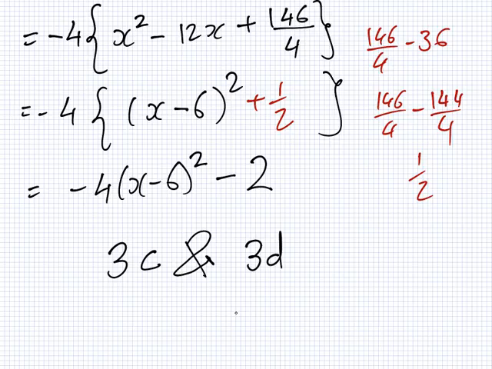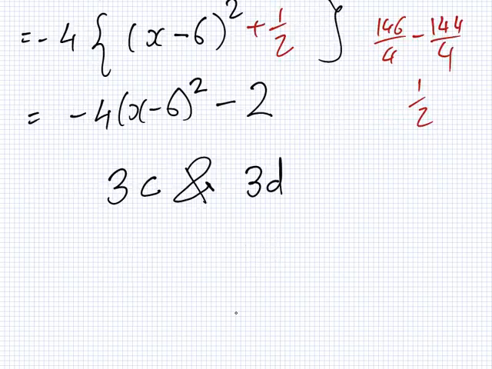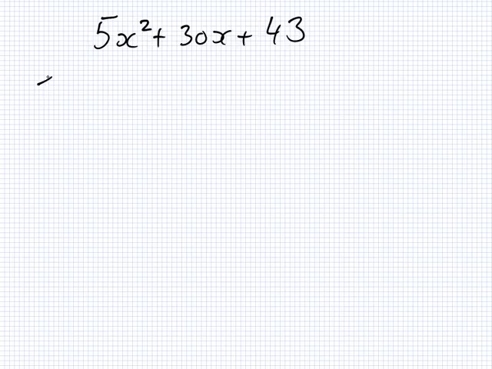Finished? Okay, let's have a look. 5x squared plus 30x plus 43. That is 5 times x squared plus 6x plus 43 over 5.